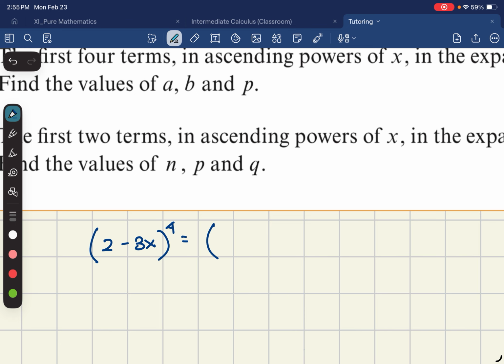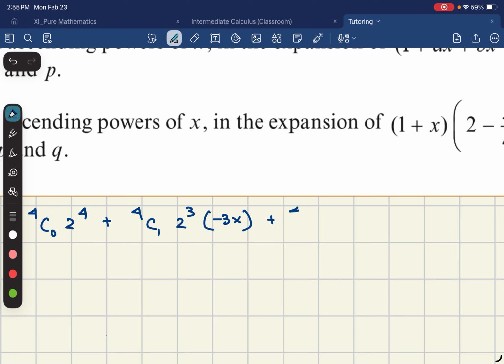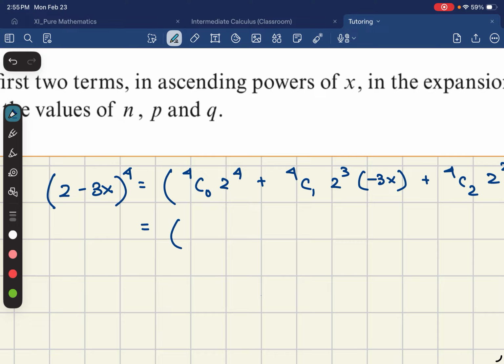So I just need to do 3 terms for each. So 4c0, 2 to the power 4, plus 4c1, 2 to the power 3, minus 3x, plus 4c2, 2 to the power 2, minus 3x squared. I can stop here. 4c0 is just 1, 2 to the power 4 is 16, plus 2 to the power 3 is 8, 8 4s are 32, minus 32 times negative 3 is negative 96x.